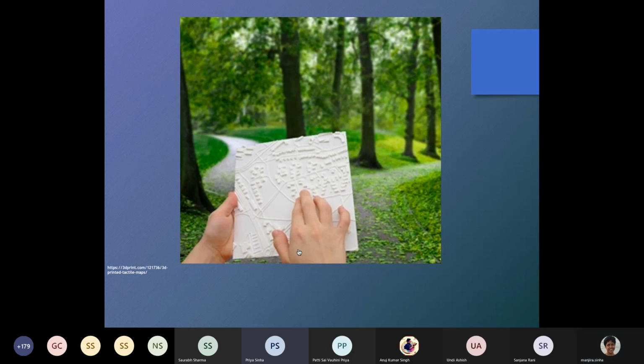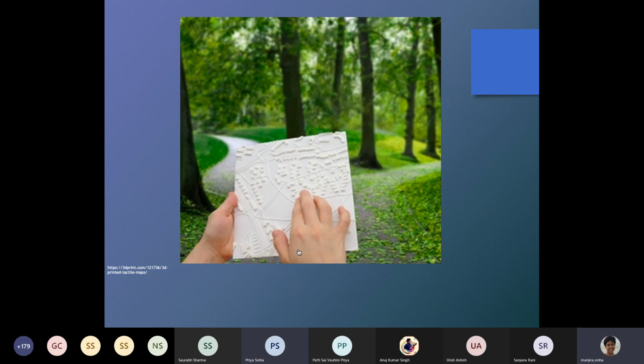Okay, so now let us move to 3D printing maps. We all know this: these days we can print tactile science books and tactile maps, and this really helps persons with disabilities, especially visual impairment, to navigate or to learn things, especially science, anatomy, biology, physics, geography.